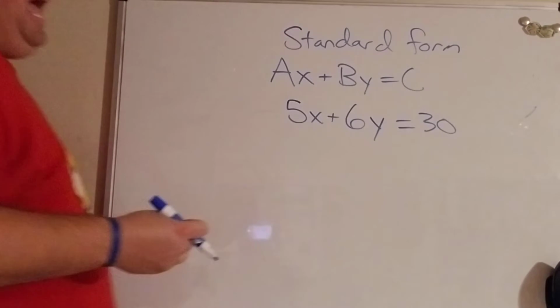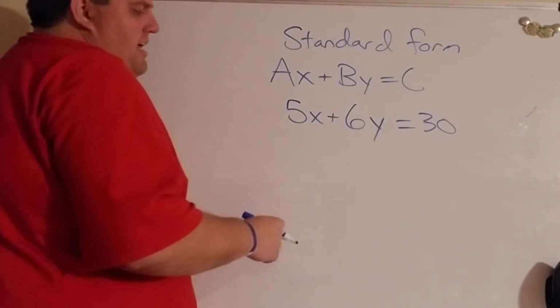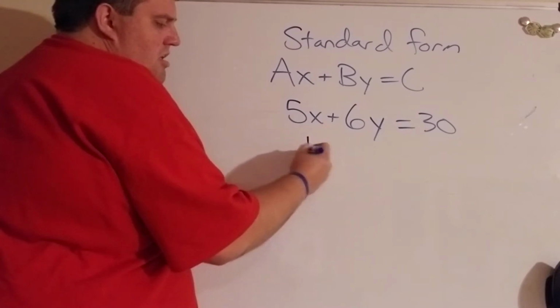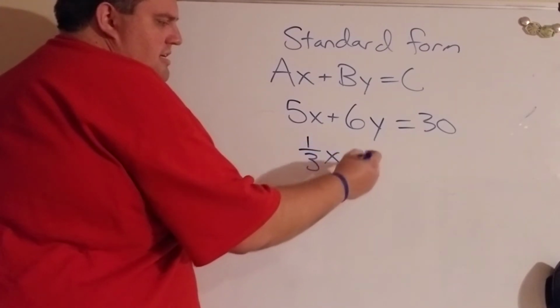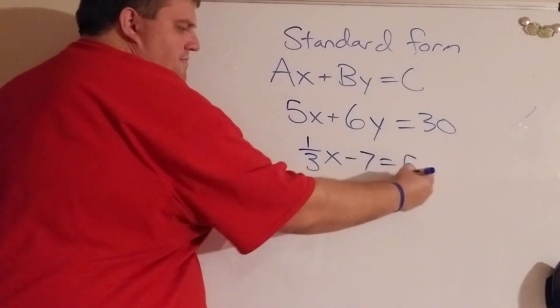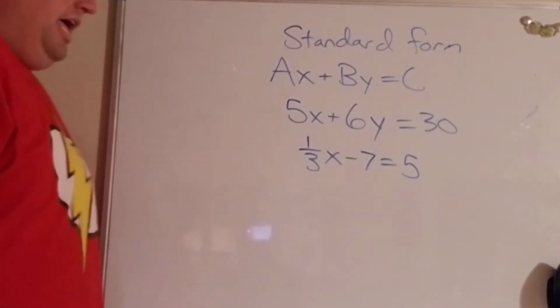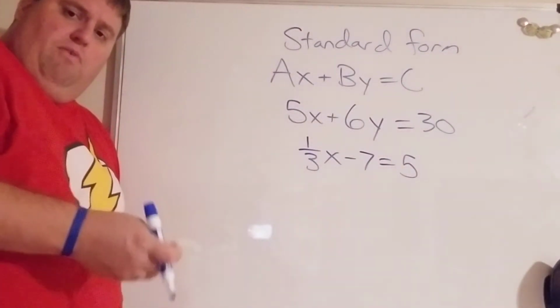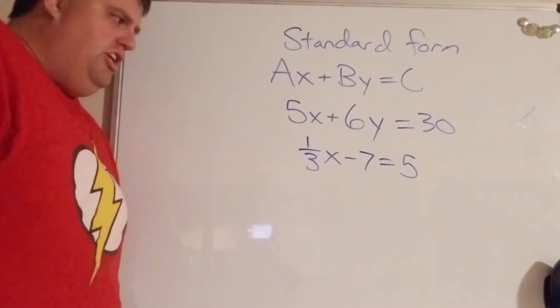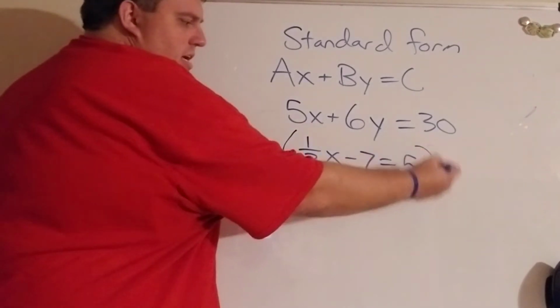So let's use a different one. Let's say we had 1/3 x minus 7 equals 5. If you want to get that in standard form, you're going to have to get rid of the fraction. And the best way to get rid of a fraction is just multiply the whole thing by something.